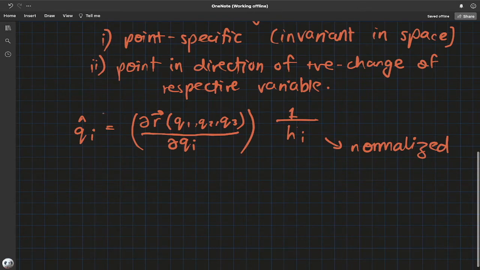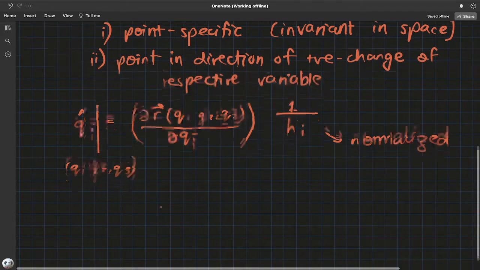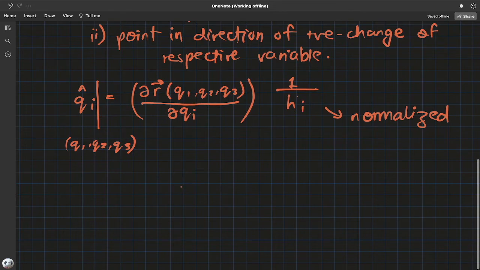And again, this is point specific, so this is at point, say, q1, q2, q3. The way you define your scaling factors, since it's a normalizing factor, is just the magnitude of this guy, because a vector over its magnitude is just a unit vector in that direction.